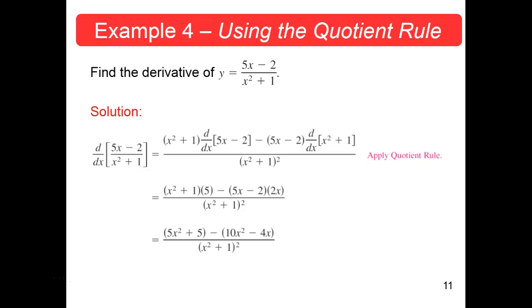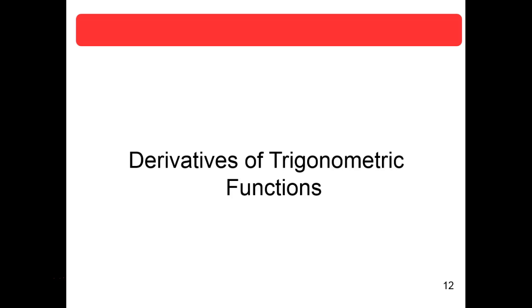And that's 5x squared plus 5 minus, and what they did, which is an okay thing to do, multiply those first, and with a minus here, that gave you 10x squared minus 4x. Then introduce the minus sign, which negates the second part. Why wouldn't they write out one more line if they're going to do it this way? That's minus 5x squared plus 4x plus 5 over x squared plus 1 squared. All right, that was the quotient rule.